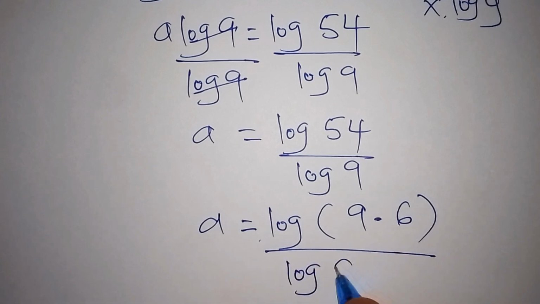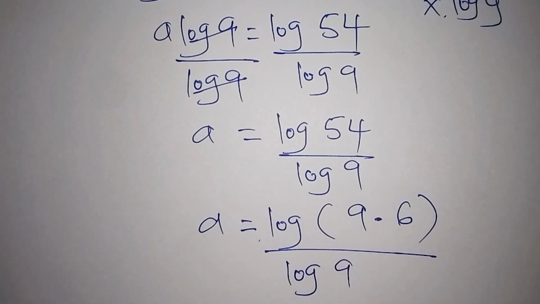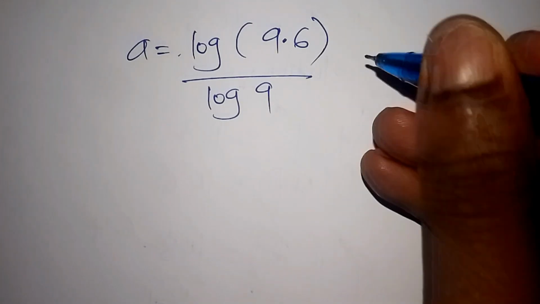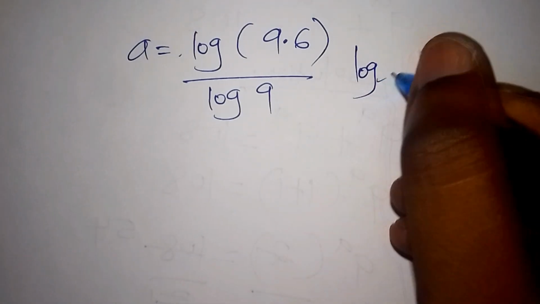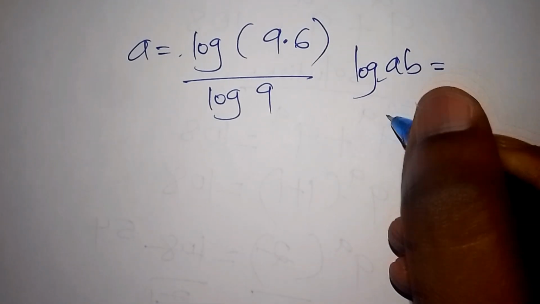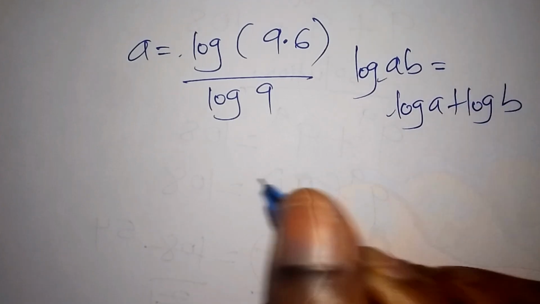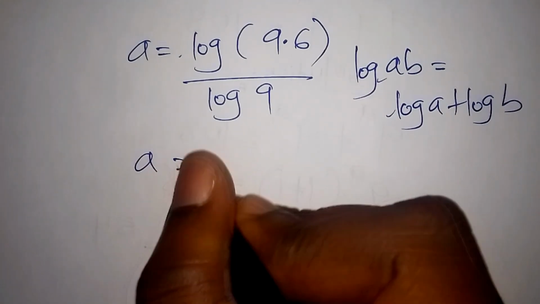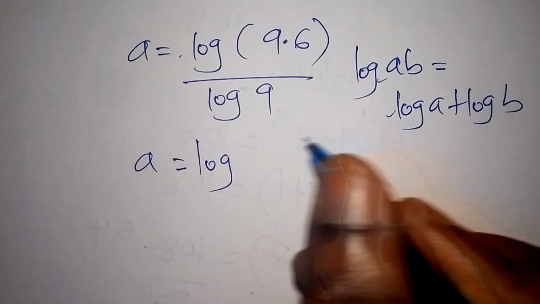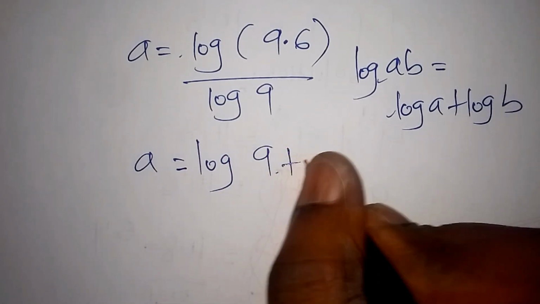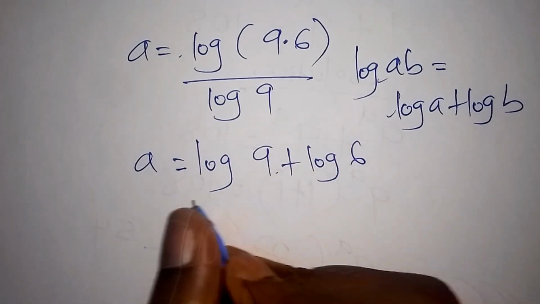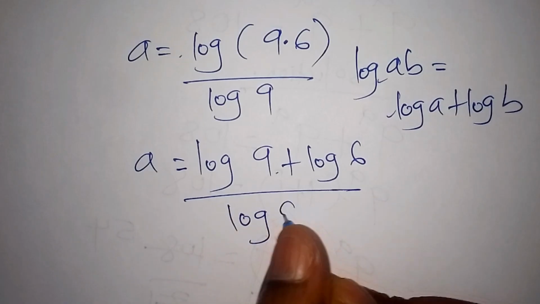Before we work out the next step, remember that the log of ab can also be written as the log of a plus the log of b. So now our value for a is equal to the log of 9 plus the log of 6 all over the log of 9.